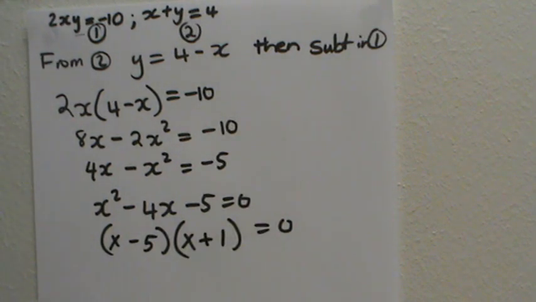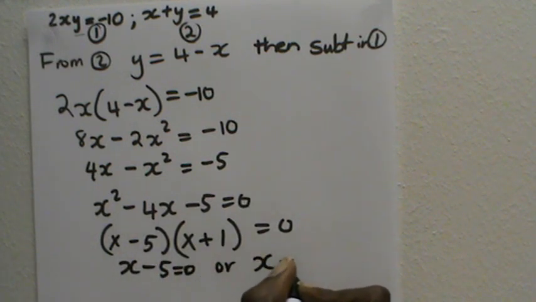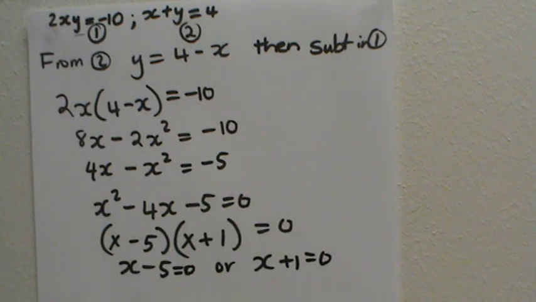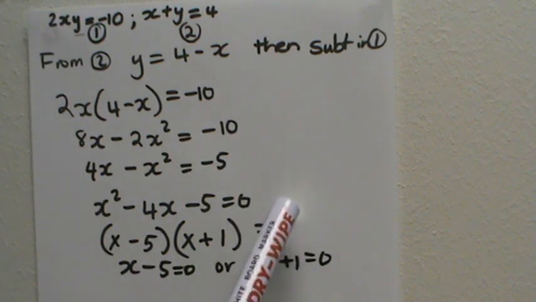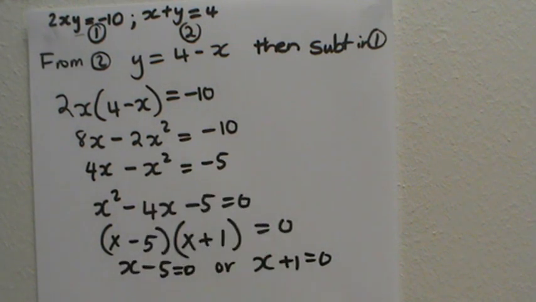It means that the first one, x minus 5, is equal to 0, or x plus 1 is equal to 0. Okay, and this is only true when this number over there is 0. If I have two numbers and I'm multiplying them and the answer is 0, it means the first one is 0 or the second one is 0.